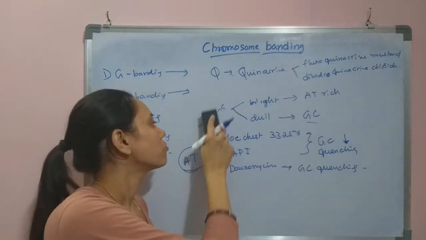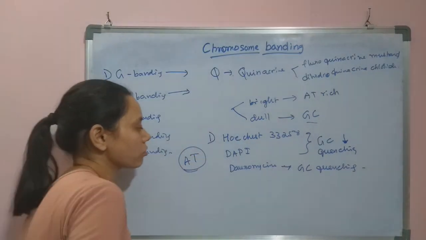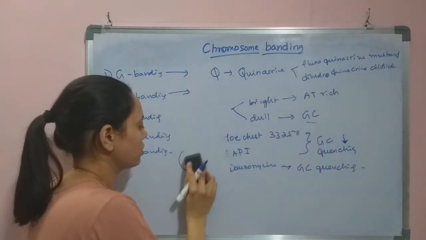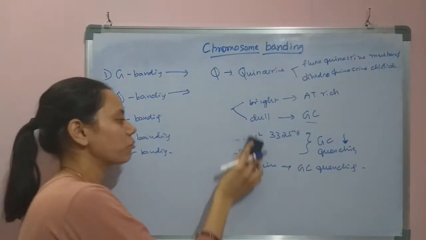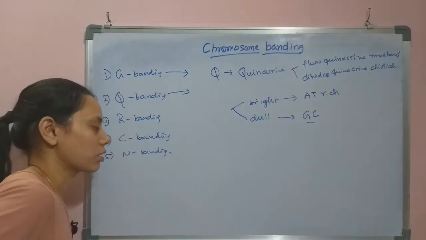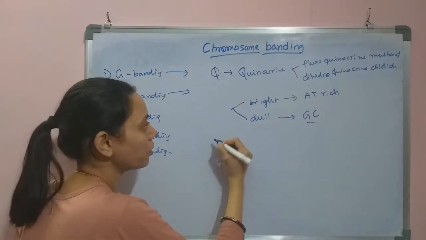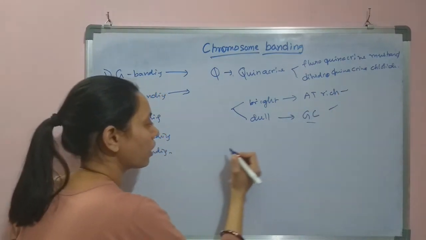So coming to the different advantages and disadvantages of Q banding. Leaving these auxiliary dyes, coming back to the Q banding technique, in which the banding pattern will be like this.